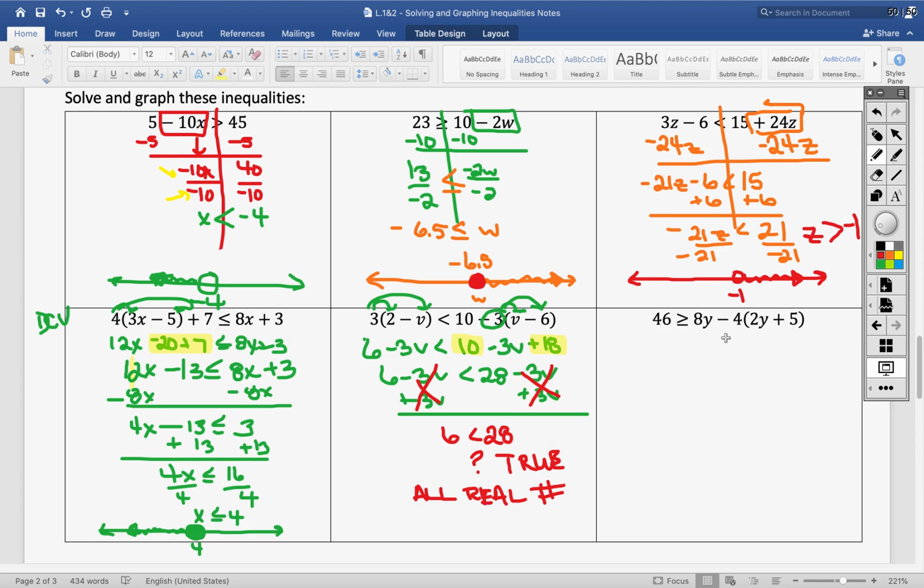Okay. Distribute. Remember, it's a negative 4. So we have 46 is greater than or equal to 8y minus 8y minus 20.